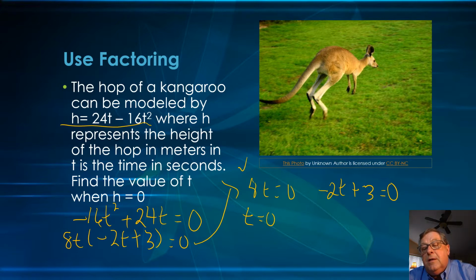And then over here we've got negative 2t plus 3 equals 0. Well, let's subtract 3 from both sides. That's going to give us negative 2t equals negative 3.